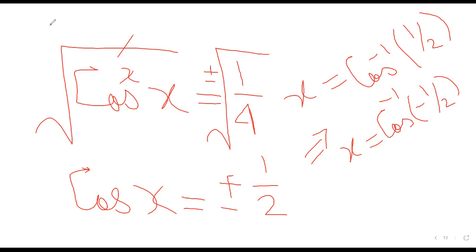So let me ask, what is cos 60? If you have a calculator, how will you find cos 60? You just hit cosine and then type 60 and close the bracket. It's negative 0.95.